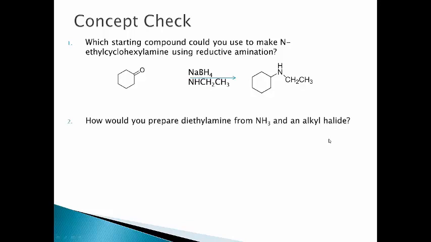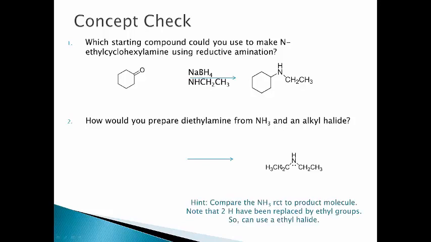So let's have a look at another example. So how would you prepare diethylamine from NH3? So what would we use to make diethylamine? Okay, so this one's a little bit trickier because we're starting with NH3. So we've got to use NH3 to make a reagent that we can then use.